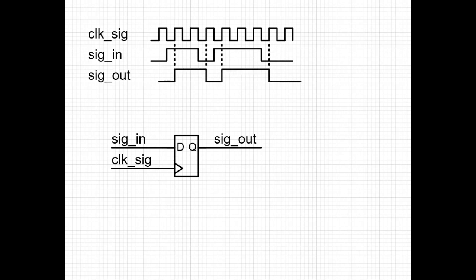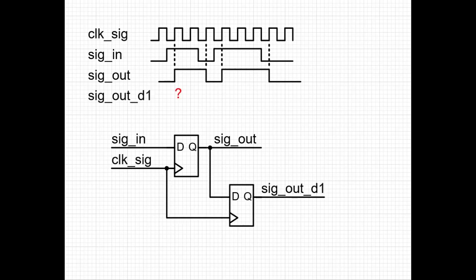And we now understand that the D-flop picks up the highs and lows on the next rising clock edge. Now we'll add another D flip-flop register whose input is the first flop's output, sig-out. We'll call this second flop's output sig-out D1. And now the question is, what does it look like?